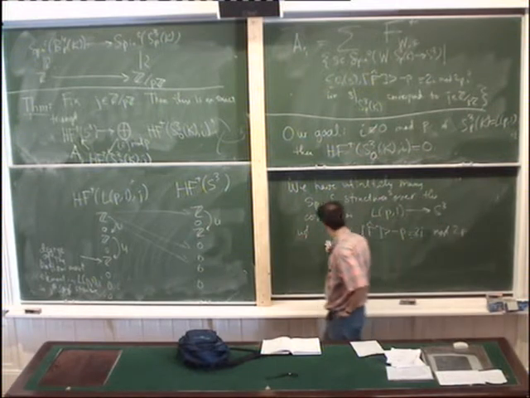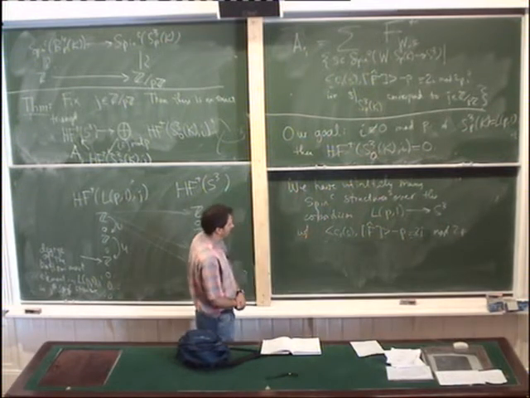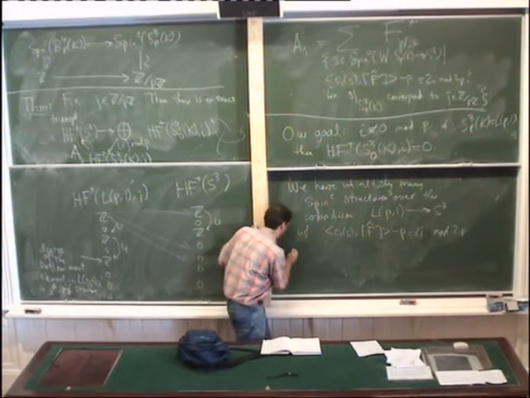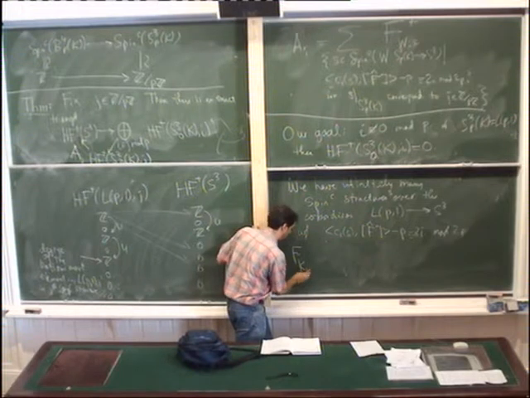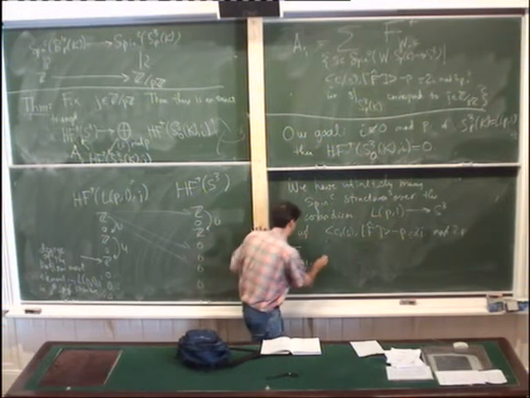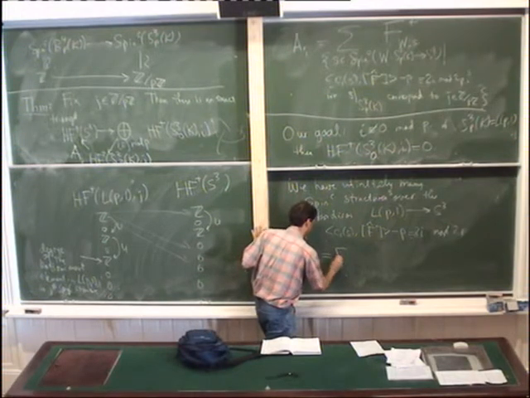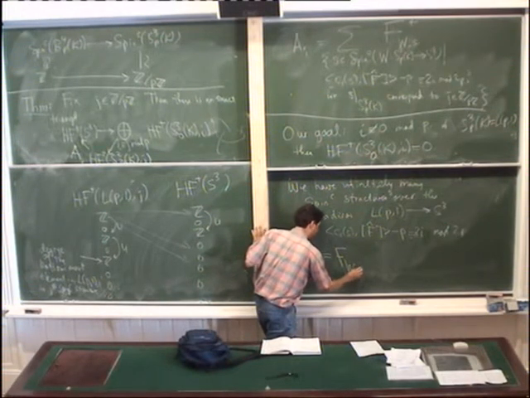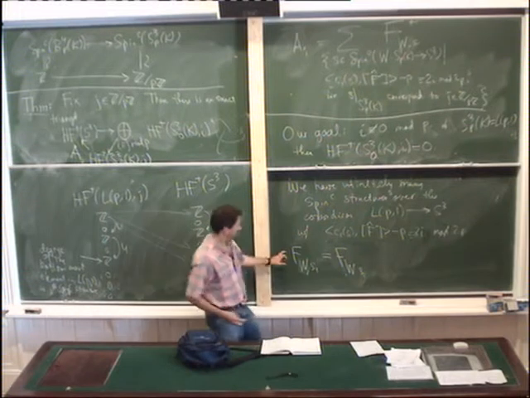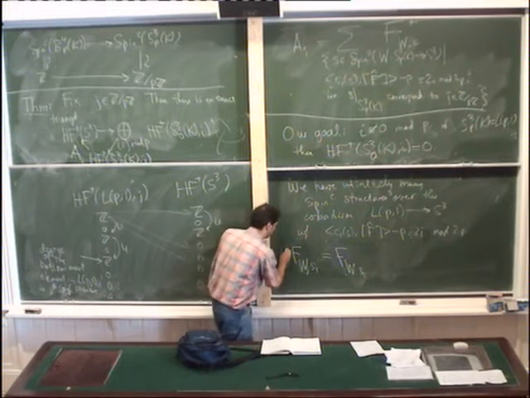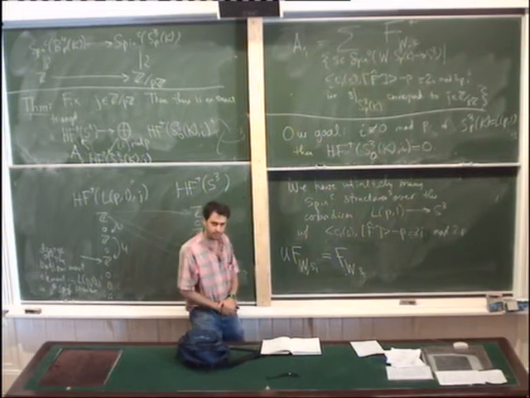But what I claim is that if I look at the map induced by this cobordism with respect to one of the spin C structures, and compare it to the map with respect to another spin C structure, they're always going to differ by multiplication by some U power.